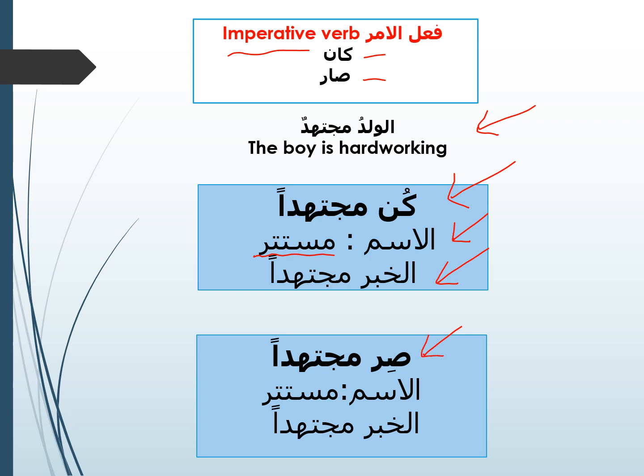Again, I'm using the verb Sarah to command him to be or to work hard. الاسم again مستتر, hidden. الخبر is مجتهدا.